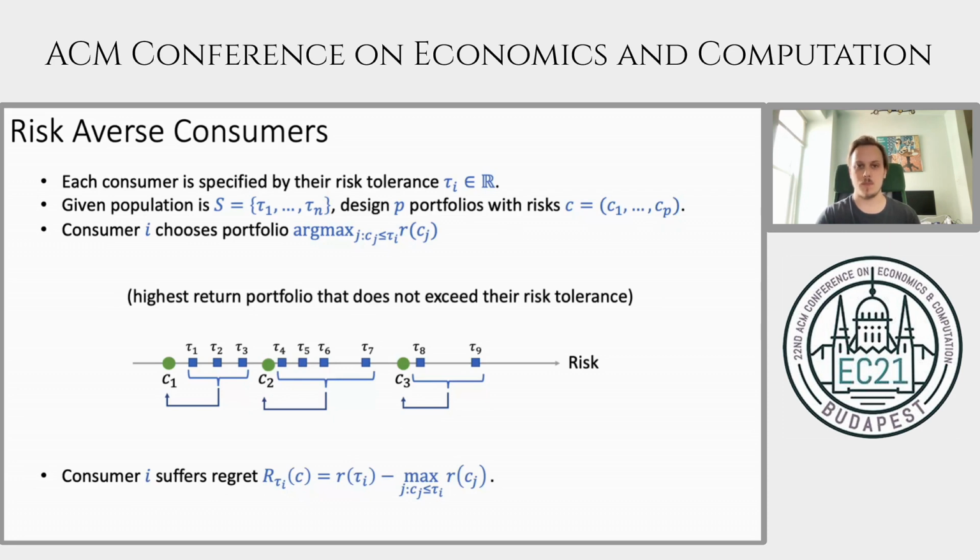In the rest of the talk, we're going to be looking at the regrets of different subgroups. We use the notation R sub A of C to denote the average regret for consumers in the set A when offered portfolios given by this vector C of risk values.